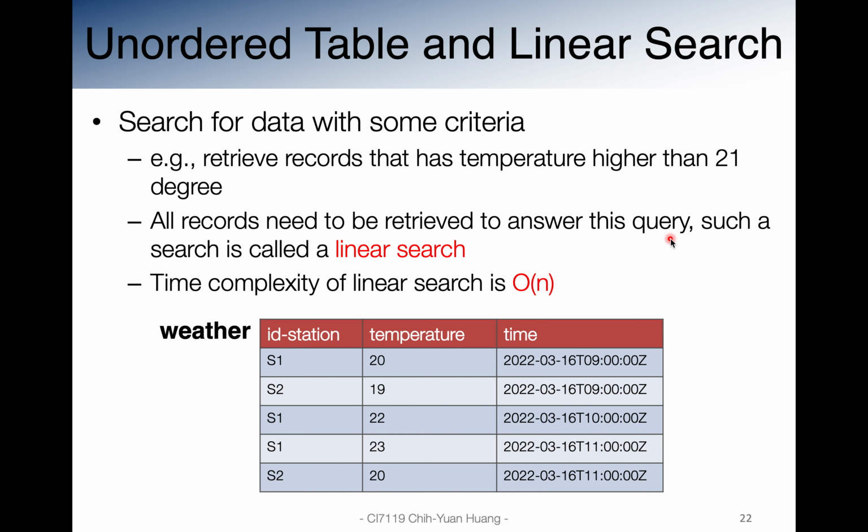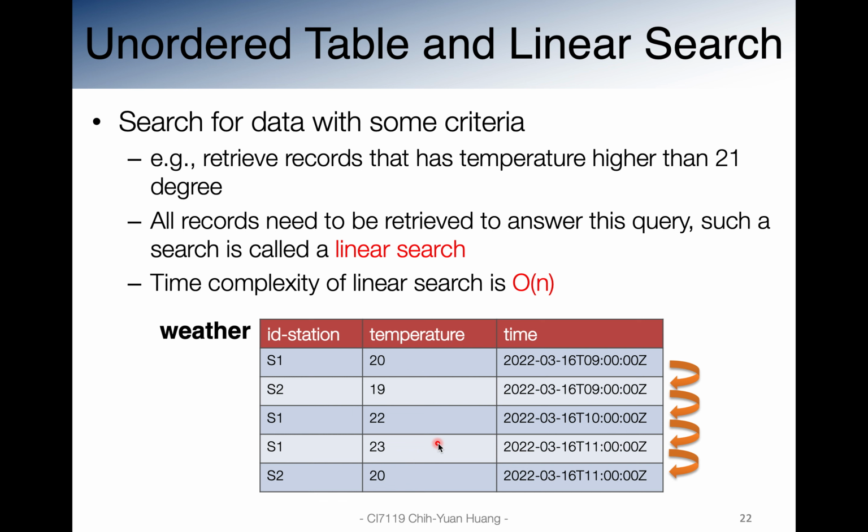Which means that we need to go through each record one by one, and determine whether this record fits the criteria, whether the next record fits the criteria, and the next one and the next one. So you need to go over all the records on this table to finally answer the query.